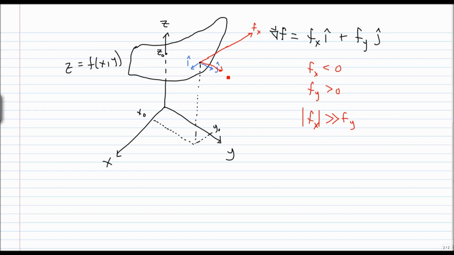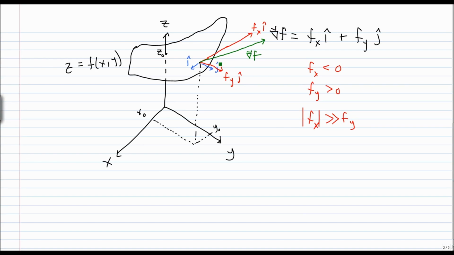That's f sub x i hat. This is f sub y j hat. So that means that the gradient vector would be the sum of these two vectors. So grad f, the gradient of f, would look something like that.